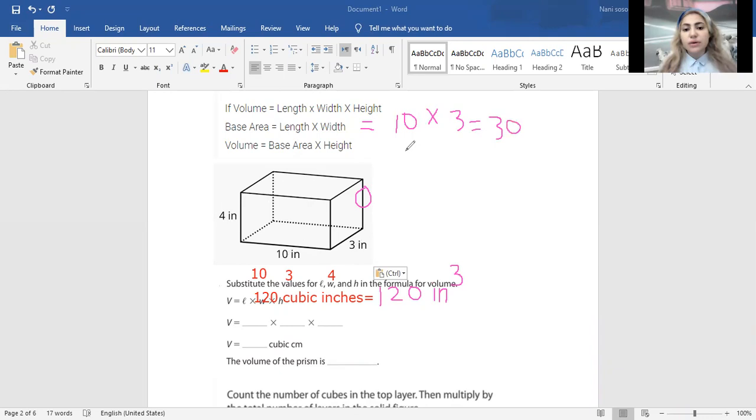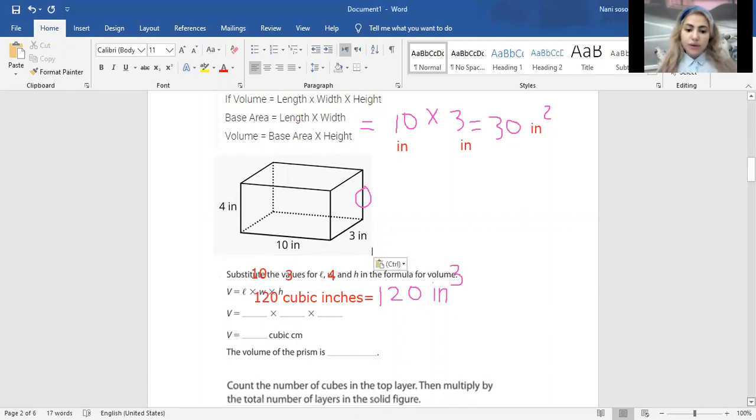No, because this is already an inch. 3 inch and 10 inch. So when I multiply 2 inch units, it gives me inch square. When I multiply 3 numbers, it's inch cube. So here is square and here is cube because I multiplied length, width, and height. Please draw this and answer after me.